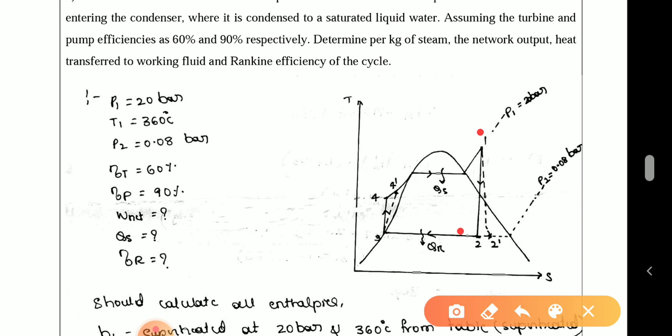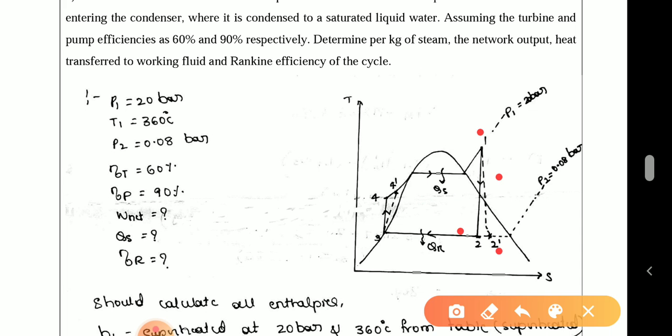Then the efficiencies of the turbine and pump are given, therefore you will get an actual expansion line, that is 1 to 2 dash. This is because of the friction in the steam while it is flowing through the turbine, the entropy increases a little at the end of the expansion, and also in the pump, due to the compression, the entropy increases.